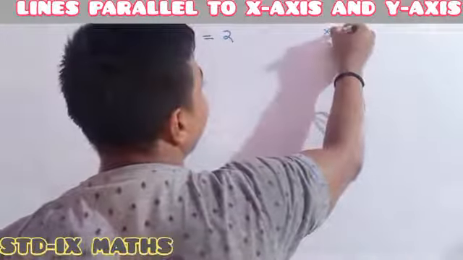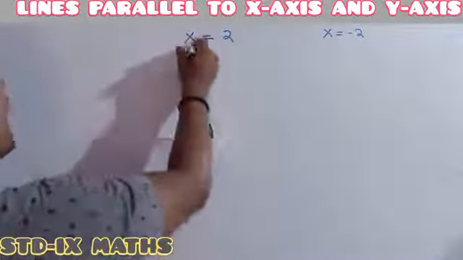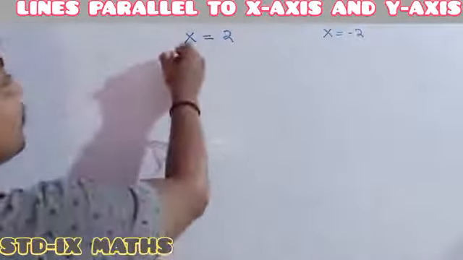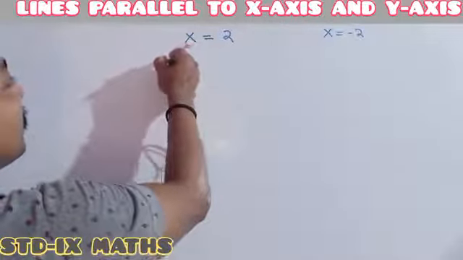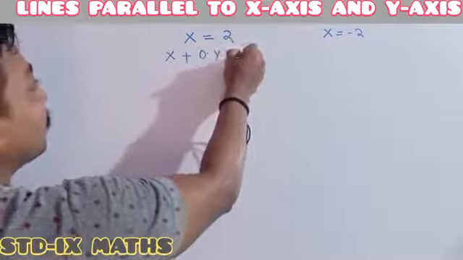Another one I am taking is x is equal to minus 2. How do both look? As it is a linear equation of a single variable, I am converting it into a double variable equation like this: 0 into y plus x is equal to 2.